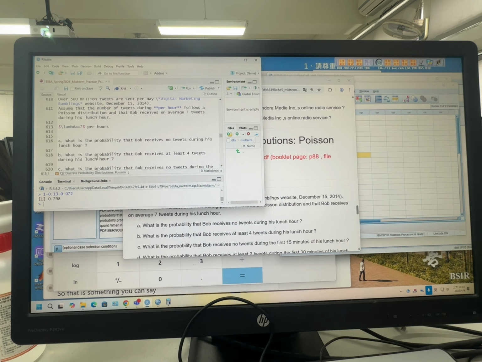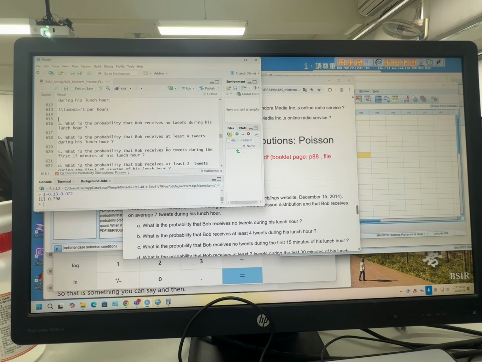And then we move to the Poisson distribution. But let's look at the question, the 4 of them. No suite, lunch hour. At least a 4 suite, lunch hour, 1 hour.